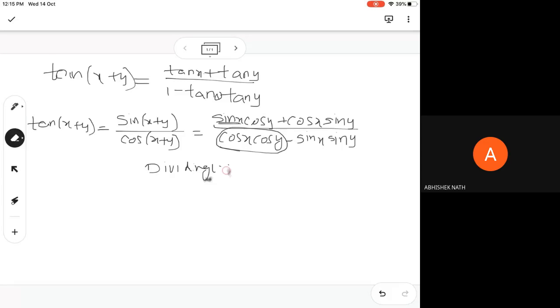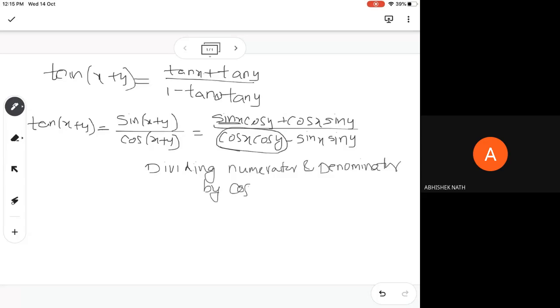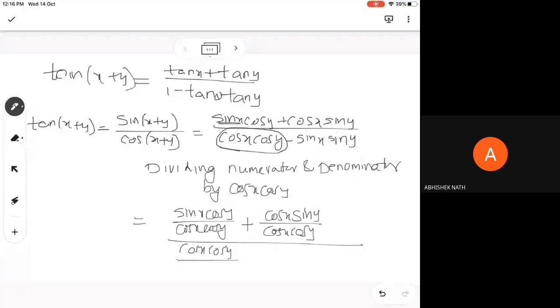Dividing the numerator and denominator by cos x cos y, you are going to get sin x cos y divided by cos x cos y plus cos x sin y divided by cos x cos y, over cos x cos y divided by cos x cos y minus sin x sin y divided by cos x cos y.